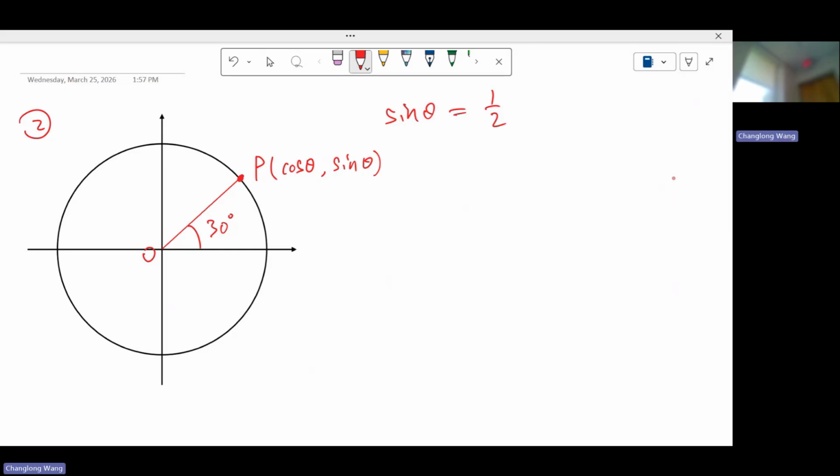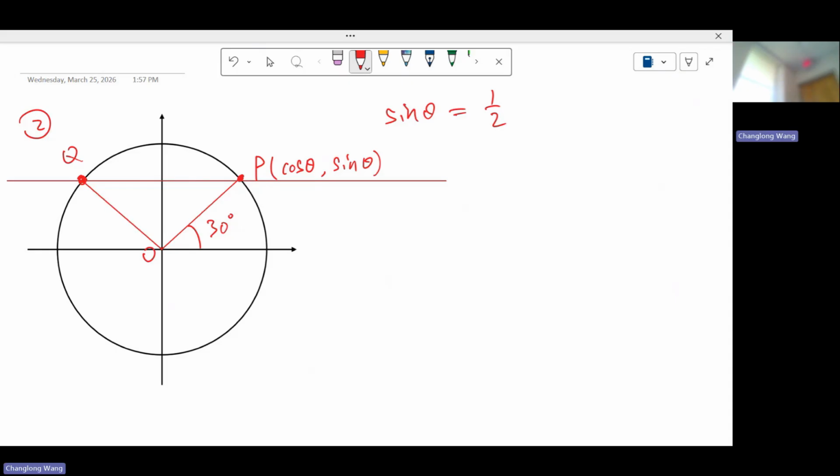The y has to be positive 1/2, and the lower portion of the circle has negative y coordinates. So it has to be on the left-hand side of the y-axis, in the second quadrant. To correctly plot that point, I'll draw a horizontal line, and I'll intersect the circle at the point Q.